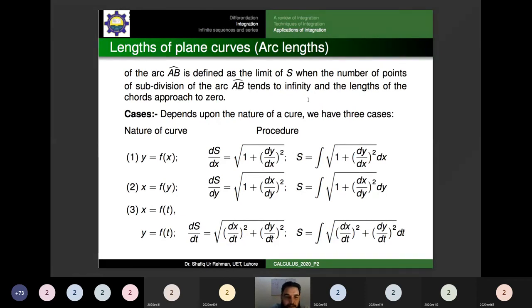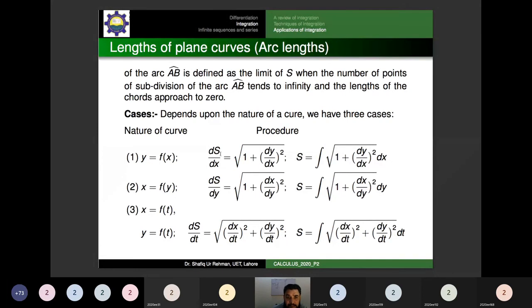So what are the formulas behind the scene? Basically, it depends upon the nature of a curve. We have 3 different possibilities. For example, number 1 is that if the curve is described in the rectangular coordinate system in terms of y and x, then we know that ds upon dx, the rate of change of s with respect to x, is based upon the rate of change of y with respect to x.